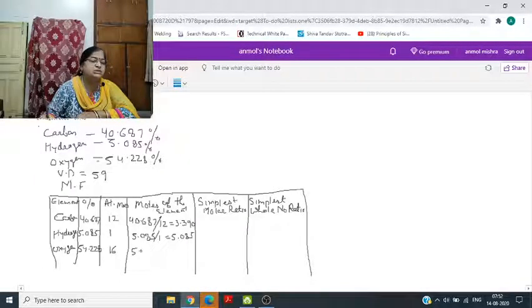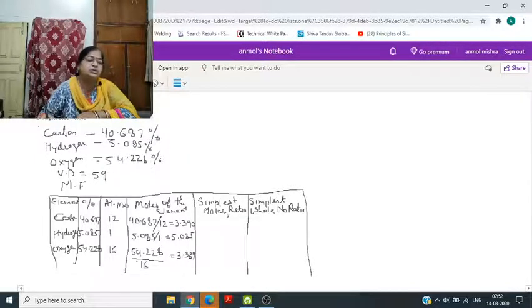Then oxygen, 54.228 divided by 16, is equal to 3.389, so roughly the same. Now the smallest is 3.389, so divide each number by 3.389.